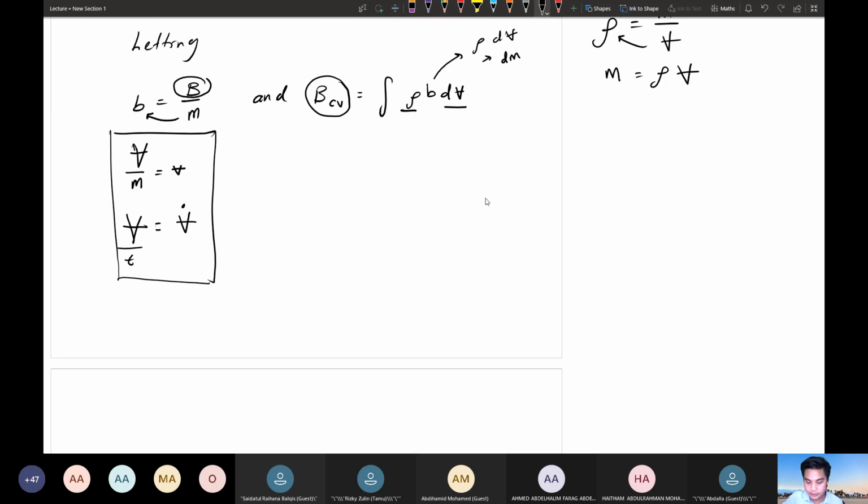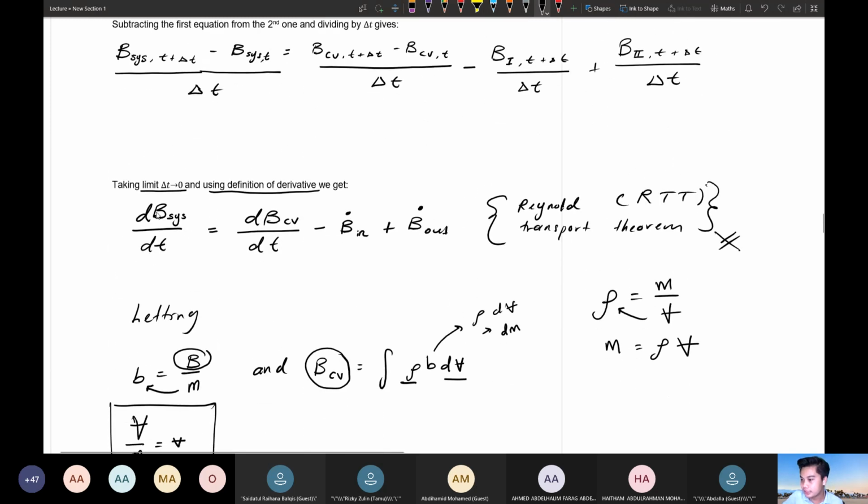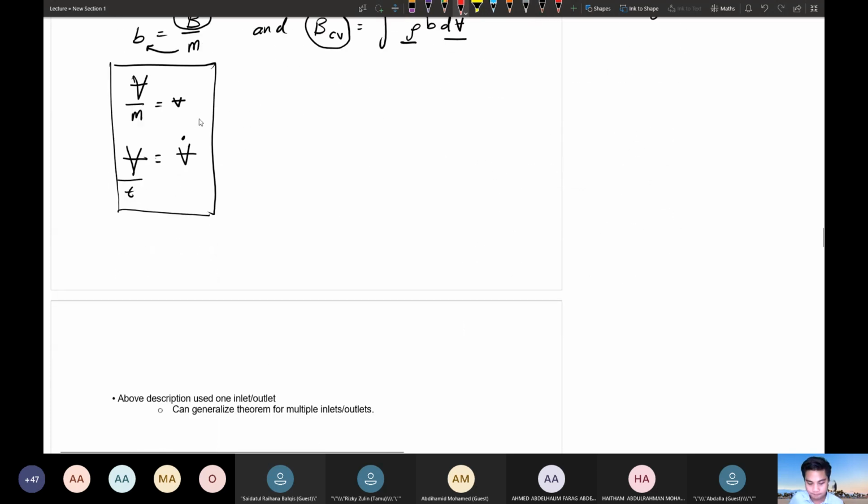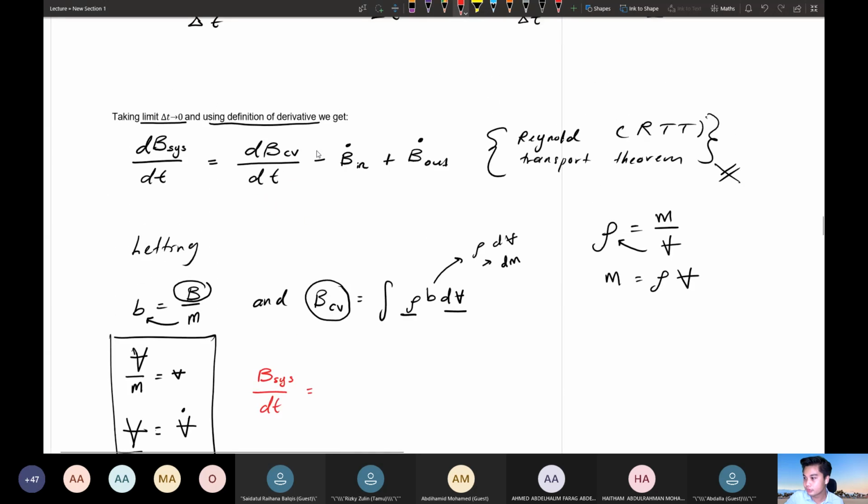So using again the equation here, can you see dB of the system over dt? B of the system over dt equal to, we introduce the d over dt of the integral. Basically, d dt with the integral cancel each other.